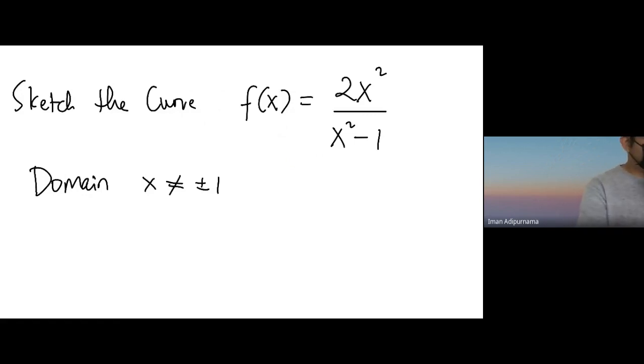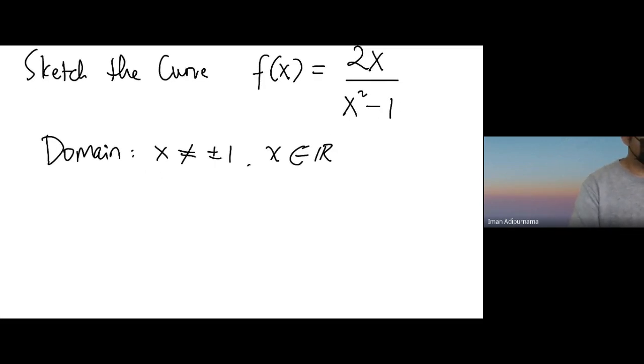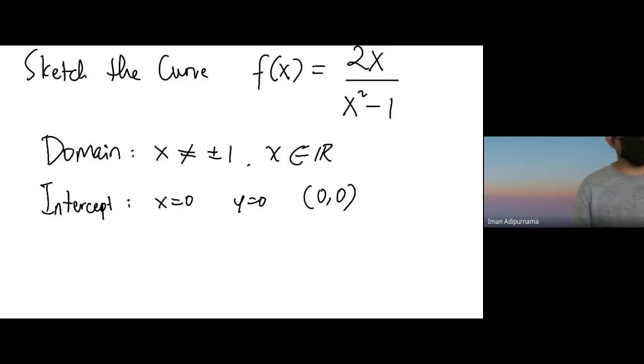All x will be included except plus one or minus one, and probably that is because both plus one and minus one are our asymptotes. And we can see the intercept if there's any. I think the intercept is just 0, 0. So the graph should be crossing this point.